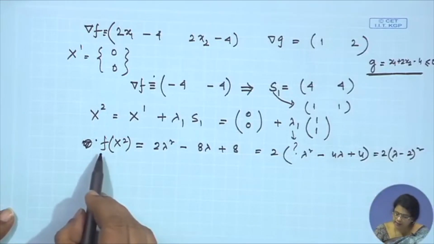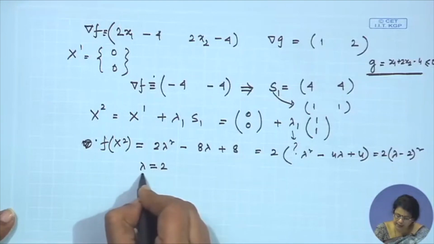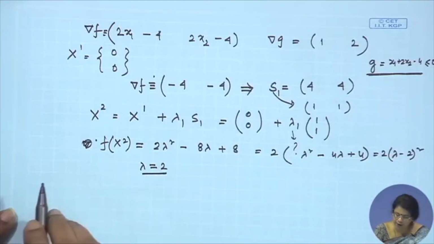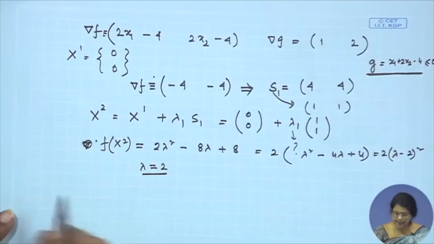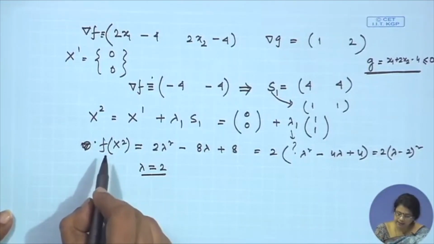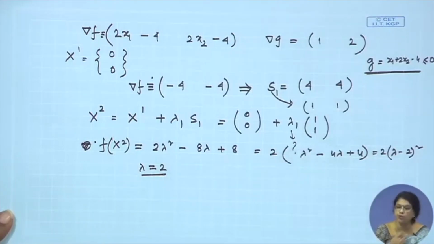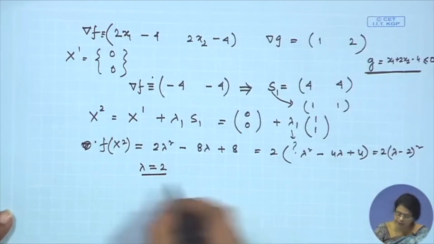What we see is that at lambda equal to 2, we are getting the minimum value of f. If lambda is equal to 2, we can check whether we are getting the minimum by going to the next order derivative, that also we can check.